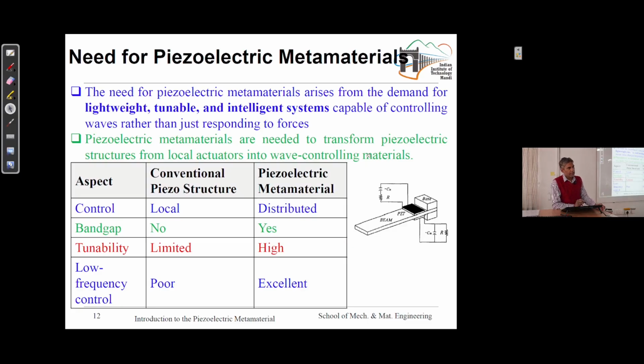So basically, traditional piezoelectric materials are local actuators. So you can see again the difference. We have conventional or traditional piezoelectric structure and metamaterial piezoelectric structure, but in case of local, we have distributed control.